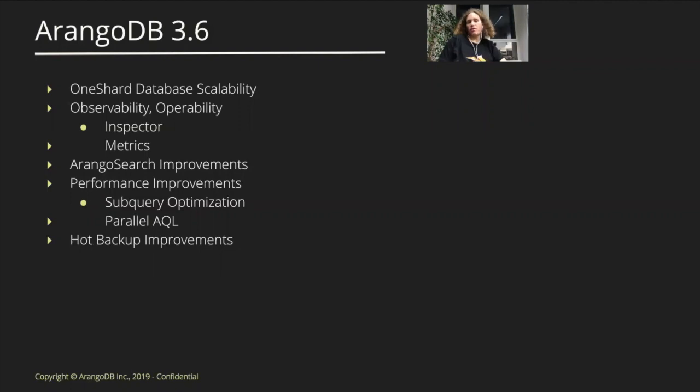We have the theme of observability and operability. So we have the so-called inspector, which allows us to more easily capture logs, metrics, bug reports. So kind of an easy way to get the state of your cluster, especially if you're running in a cluster environment. That was actually, truth to be told, for 3.6.1.